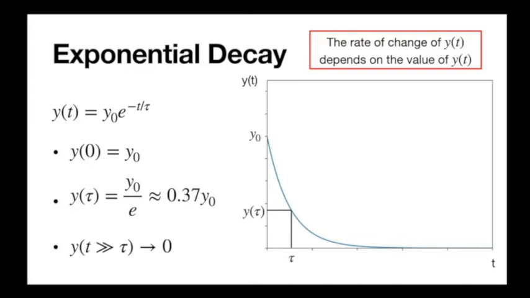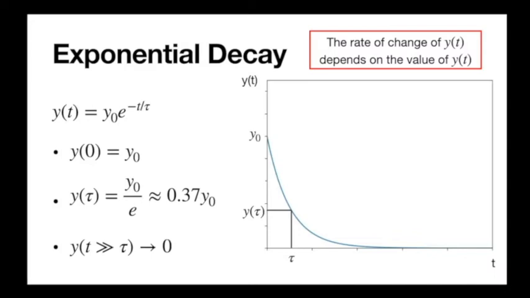So y naught times 1 is just y naught. So at time t equals 0, y of t is equal to y naught, and we plot that on the graph. That's our starting point. That's why we call that value y naught, because it's our starting value.